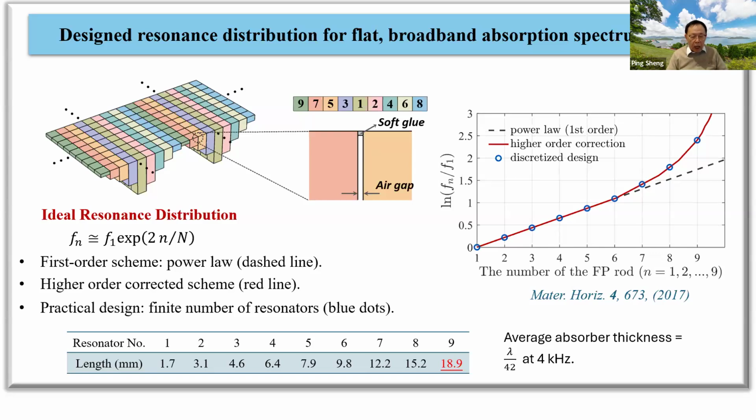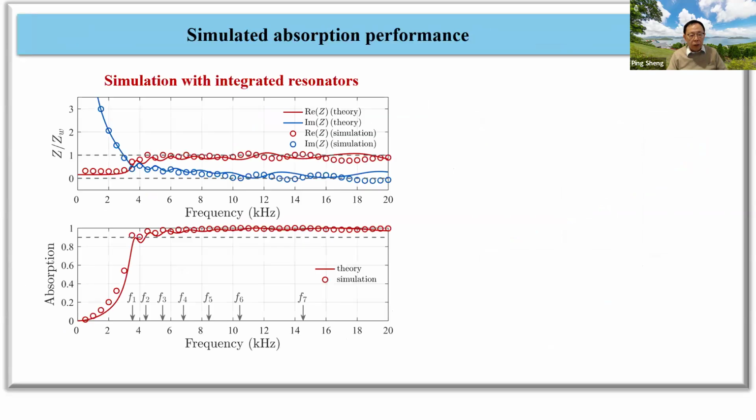Okay, and so the average absorber thickness at 4 kilohertz is 42 times smaller than the relevant wavelengths. So it's very much sub wavelength.